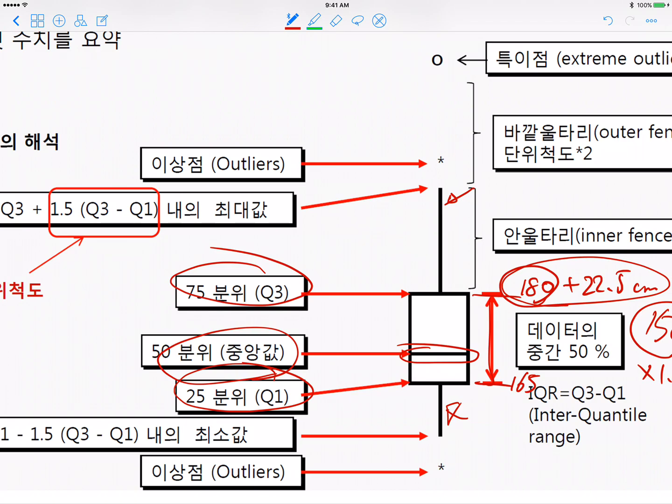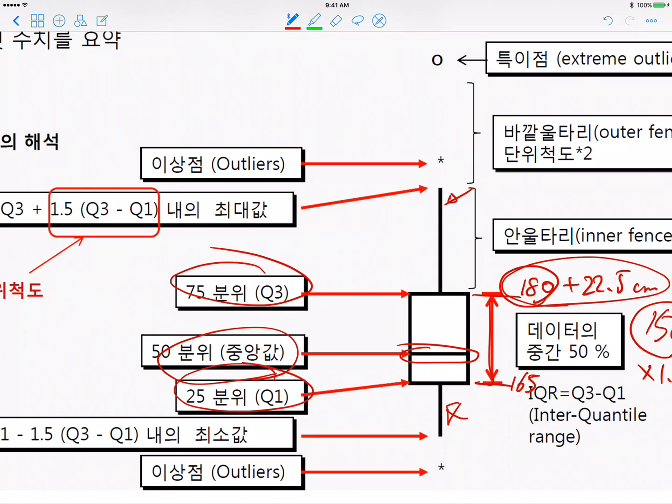So that may not be exactly the same as that value. Within that range, we select the value that was actually observed, and that actually observed value represents the length of that line segment.